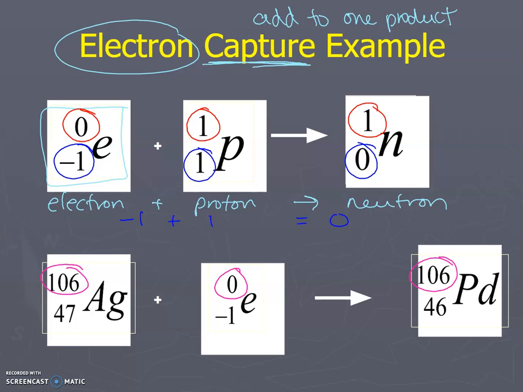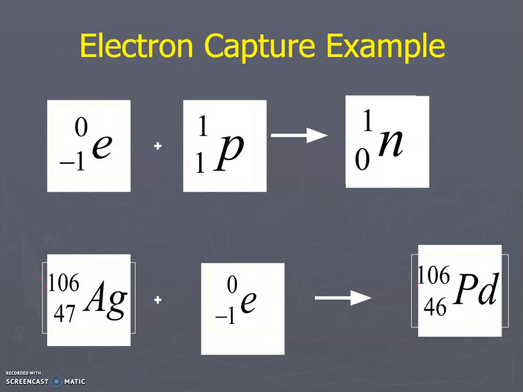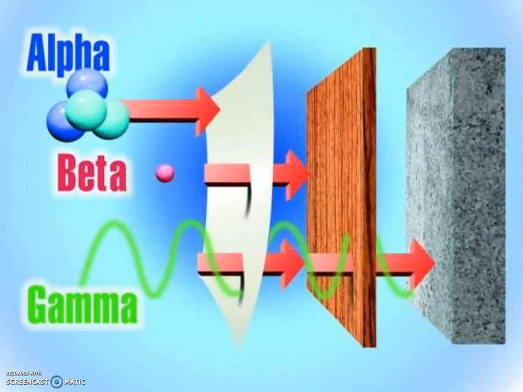And then down at the bottom, 47 plus negative 1 equals 46. And who's 46? That's palladium. Who's 47? That's silver. Good thing you know those element names, huh?